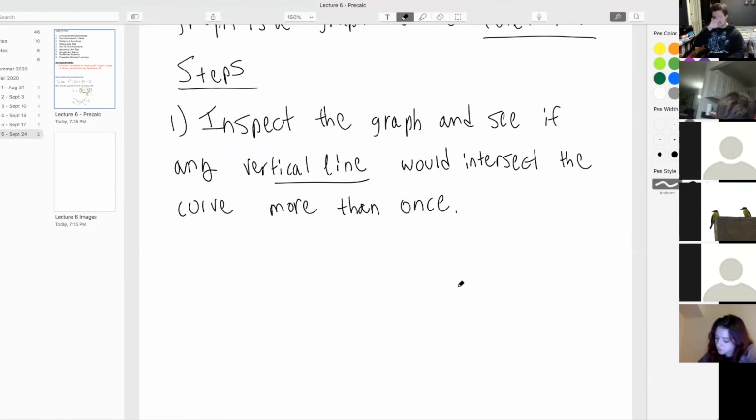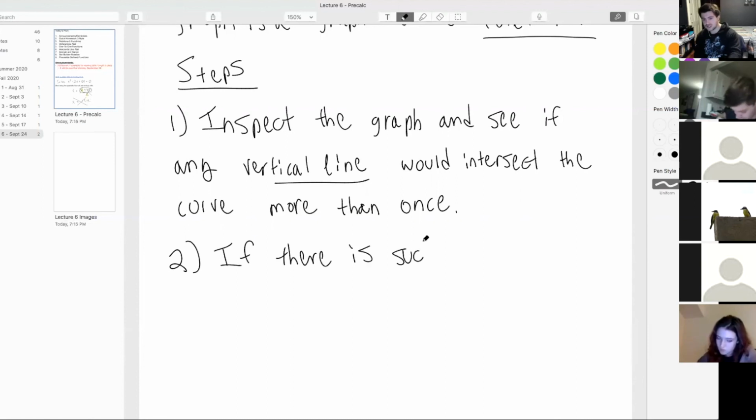All right, so you essentially just draw vertical lines all throughout your graph, and you ask yourself, do any of these vertical lines cross the curve more than once? Well, if there is such a vertical line, what's the conclusion?